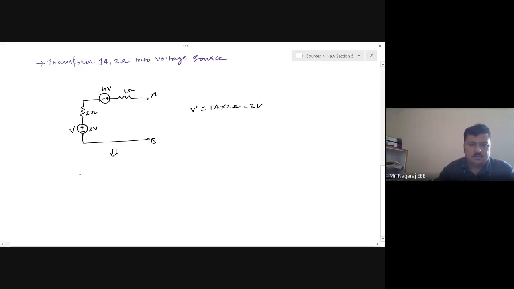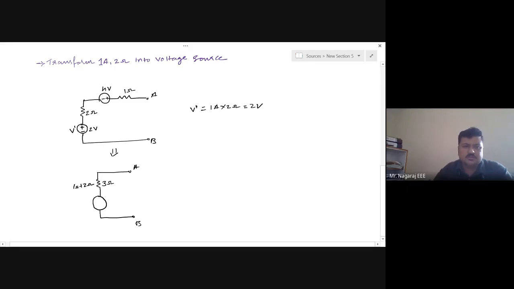What I can get from this is 2 ohm and 1 ohm are in series between A and B. And this series resistance can be drawn after the source or before the source. It doesn't matter. This is 3 ohms, that is 1 ohm plus 2 ohm.